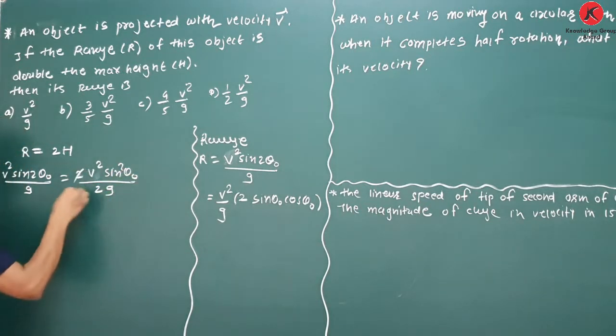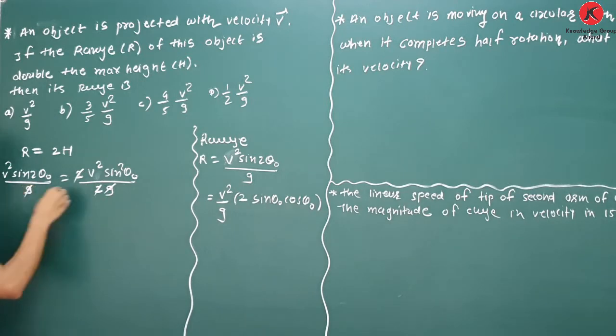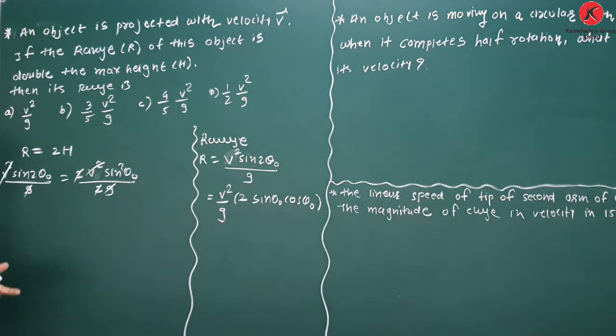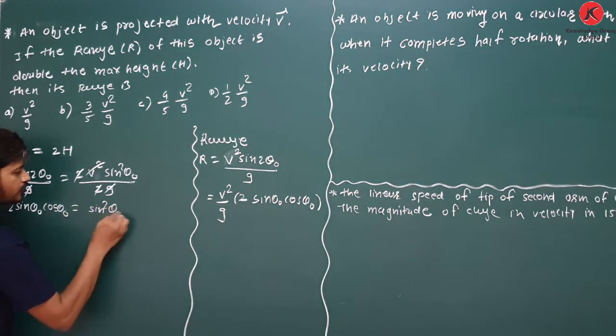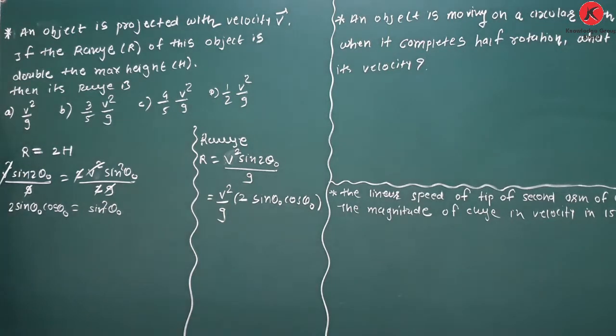Then 2 cancels, G cancels, V square cancels. Simple? Sine 2 theta 0 means 2 sine theta 0 cos theta 0, which is equal to sine square theta 0.